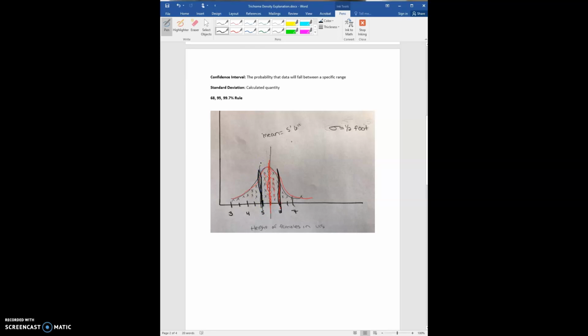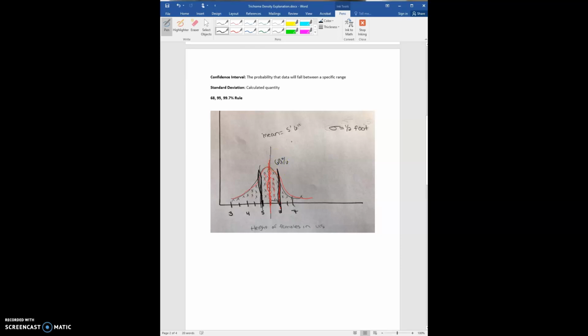We're going to say that, because we're going to be learning about the 68, 95, 99.7% rule. If this is our first confidence interval, this would be a confidence interval this way, and this is a confidence interval that way.